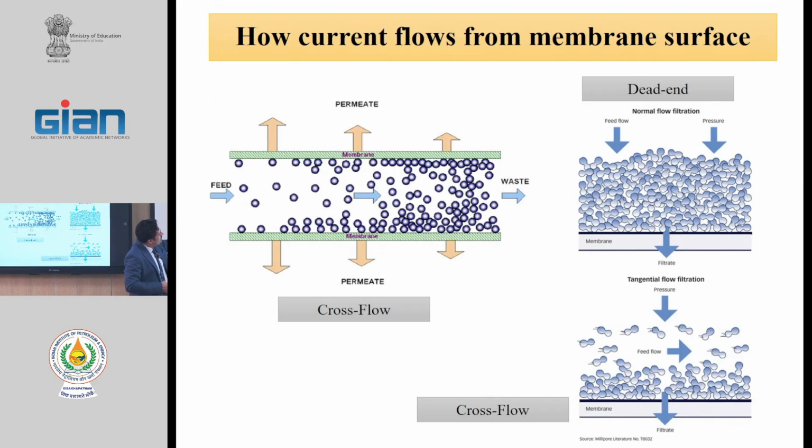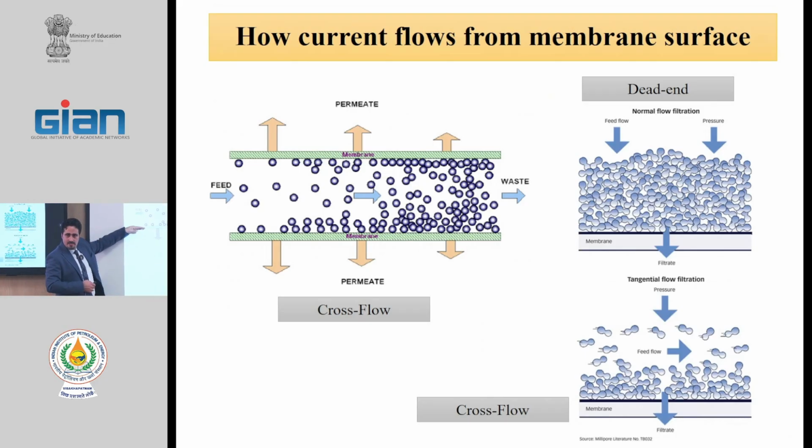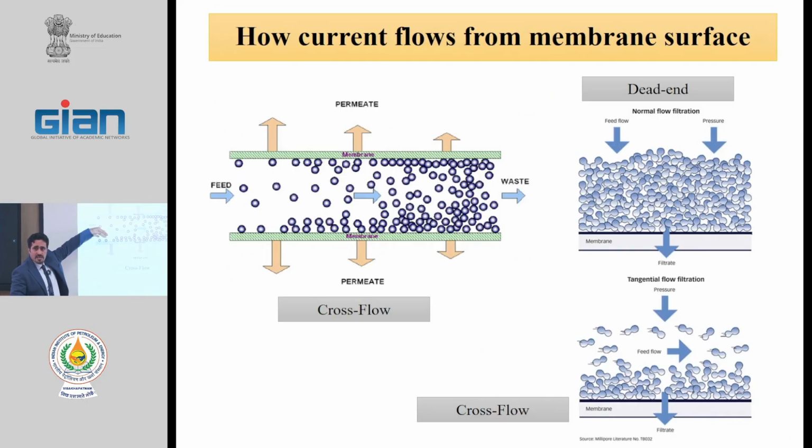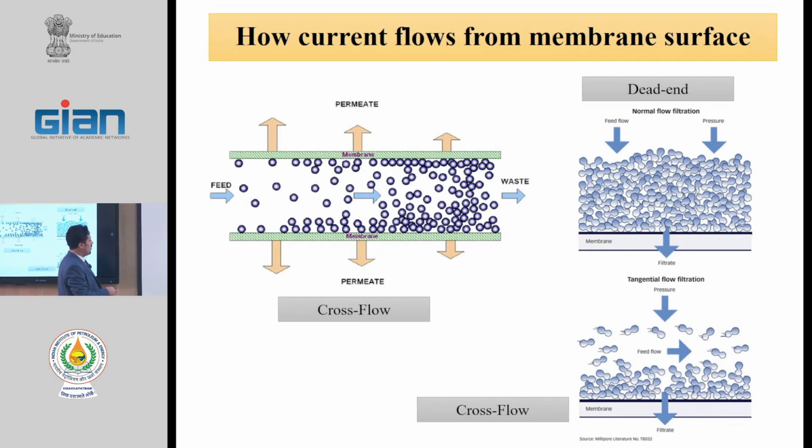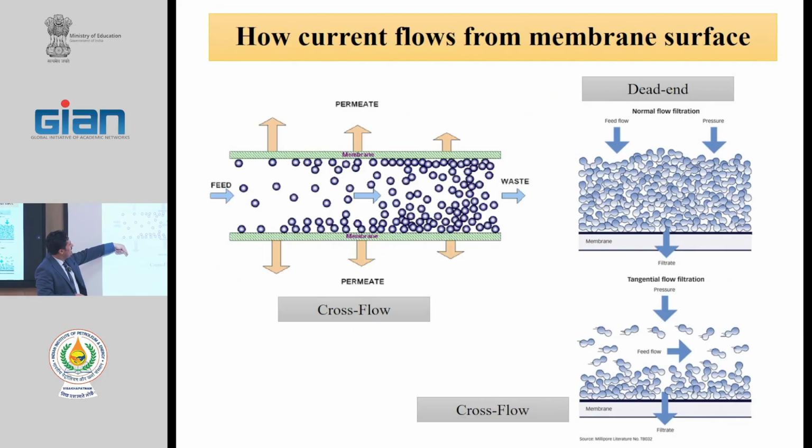Here the feed is at 90 degrees with the permeate pass and the flow pass. Therefore, we have a cross. We say cross flow because the feed and permeate streams have a cross section.